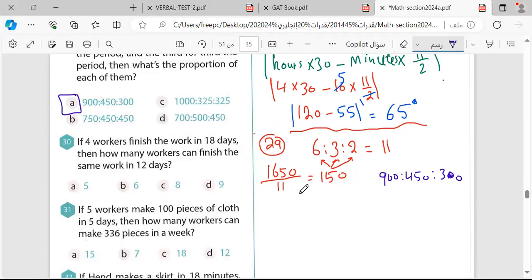16 divided by 11. Look here, you can divide it like this. 16 divided by 11 is what? 1. What is the remainder for 16? 1 times 11 is 11, the remainder from 16 is 5, right?